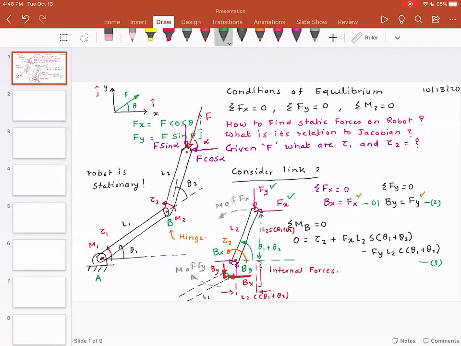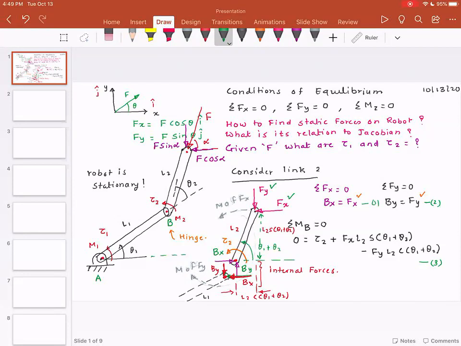Now link 1, which is the dashed link, please note, I made a mistake earlier. So the leftward force is Bx on link 1. Downward force is By on link 1. Which means when joint B is connected, when link 1 and link 2 get joined, the red By cancels green By, and red Bx cancels green Bx.